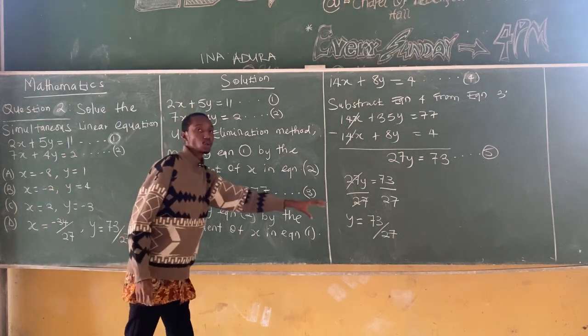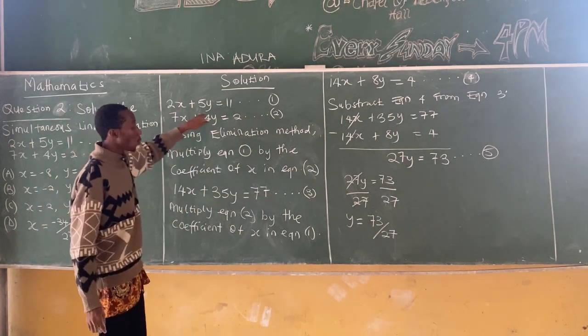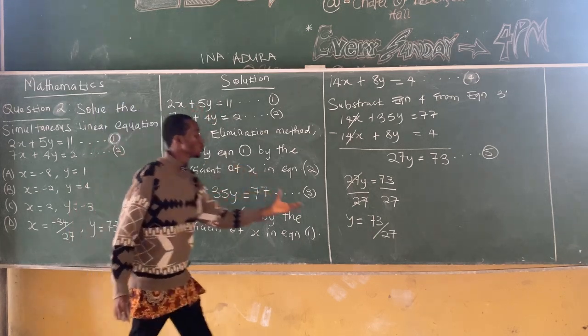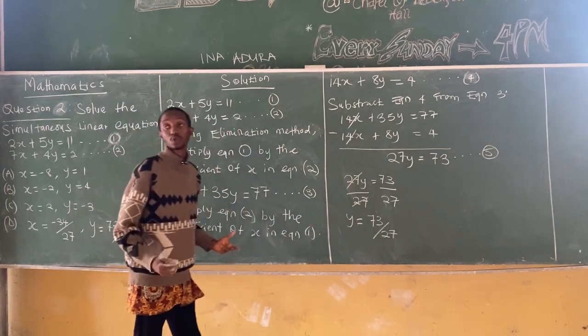We substitute it into equation 1, meaning anywhere we see y in equation 1, we should replace it with this value, 73 over 27.